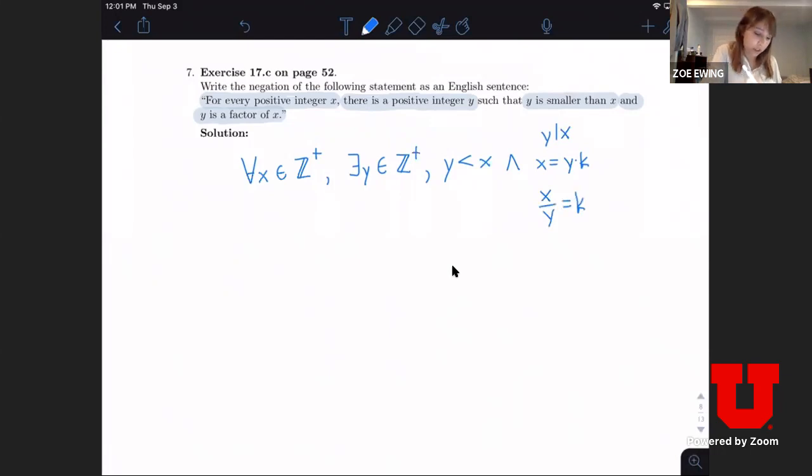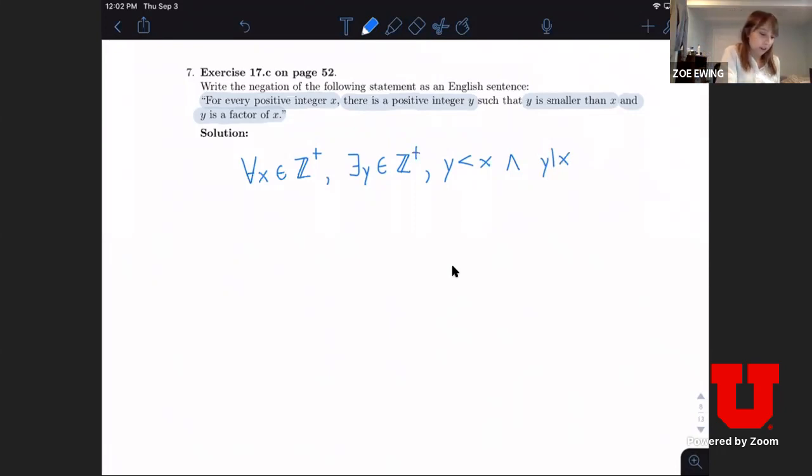With both of these, it's probably good to specify that k is also in the set of integers. But any of these three are totally acceptable to say that y is a factor of x. It doesn't matter too much about the notation of how to negate that, because for this problem we're writing it as an English sentence anyways. So I'm just going to stick with y divides x, because that's the easiest one to remember for me.